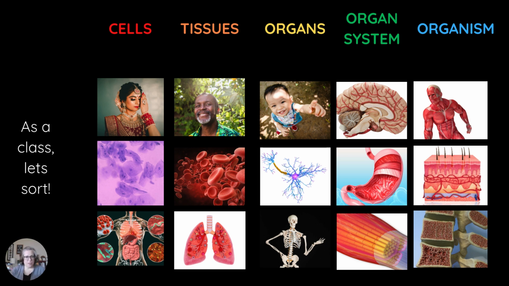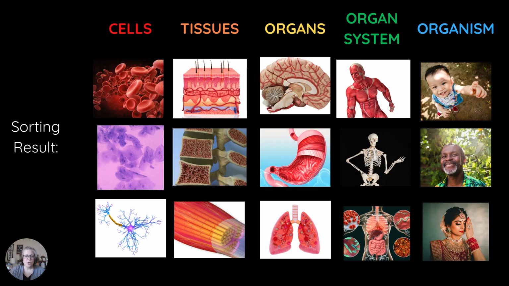And all of those things work together to allow you to do all the things that living things do: respond to stimuli, maintain homeostasis, gain energy, reproduce, grow and develop. Okay, all of those things that we know to be characteristics of life are possible because of these levels of organization.